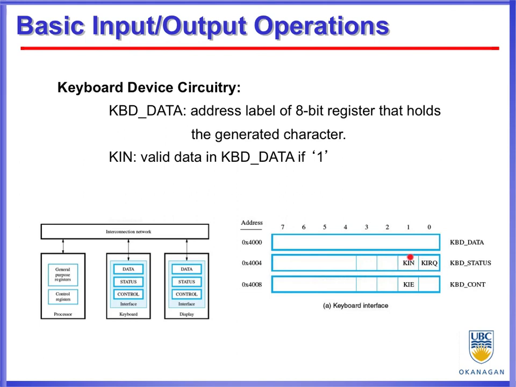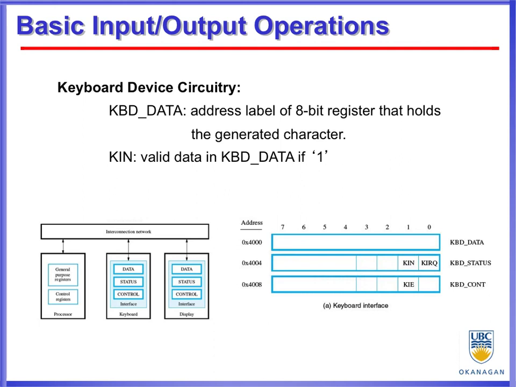And one particular bit in that status register is going to be used to tell the processor whether there's a new character stored in my data register or there isn't. If there's a 1, for instance, that means there's a new character stored in the data register. If there's a 0, that means there is no new character. It's still the old character that you read a long time ago. Don't worry about these other 2 bits. We're going to talk about those in the next lecture or 2.